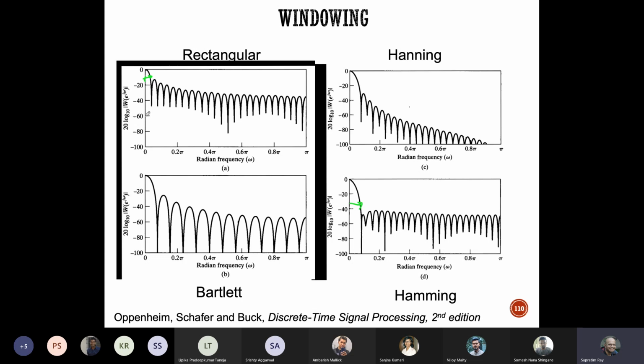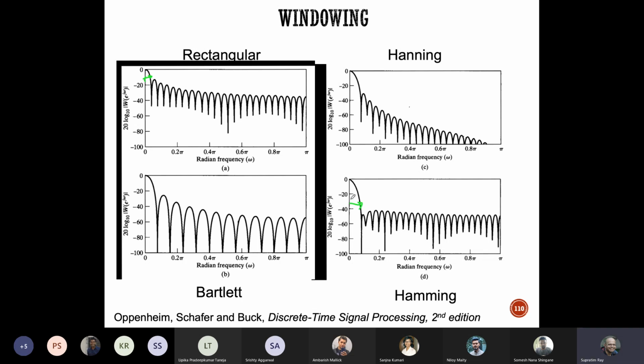This, by the way, now is a log scale. So it's a 20 dB or a 60 dB shift. It's actually quite low on a linear scale, but on a log scale, it's large. Notice that the rectangular window has a smaller main lobe, but the side lobes are much bigger as compared to a Hamming window or a Hanning window here.